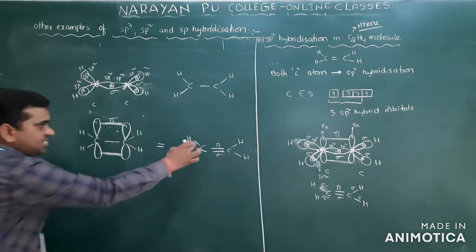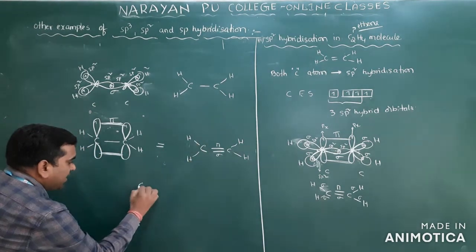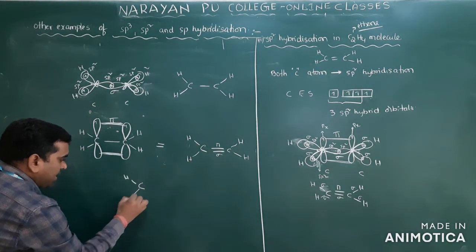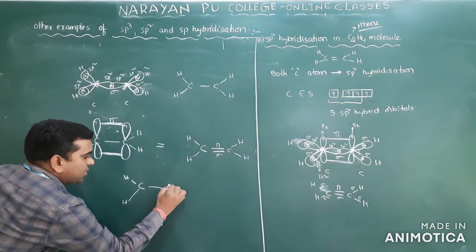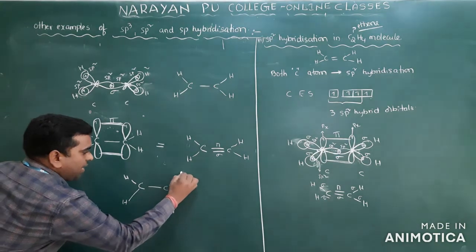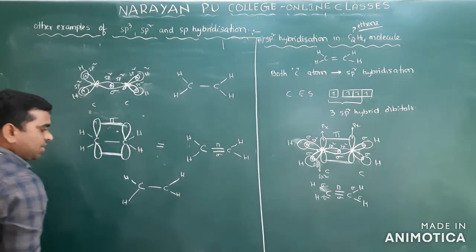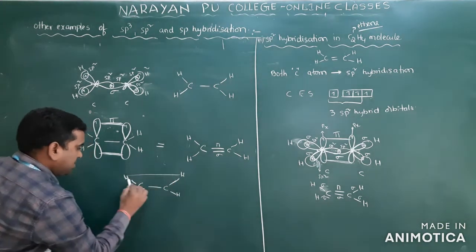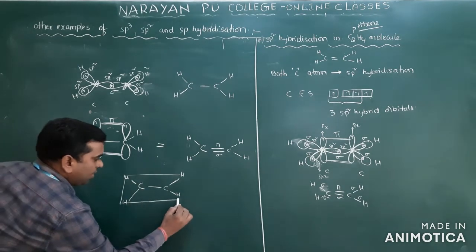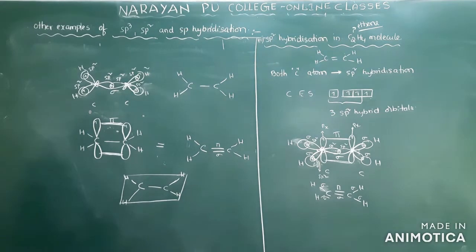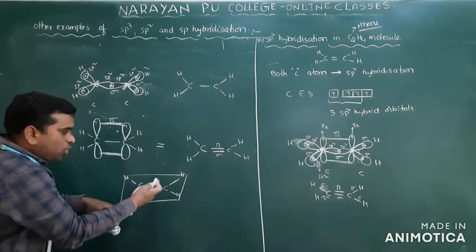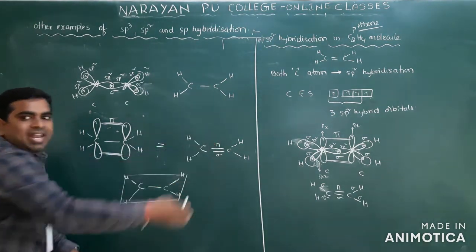If I write like this, you see this molecule, I will write in this way. Hydrogen. Clear? So here there is a sigma bond. So there is hydrogen here, and hydrogen here. Clear? So all these atoms are in the same plane. And above the plane and below the plane, pi electrons will be there.